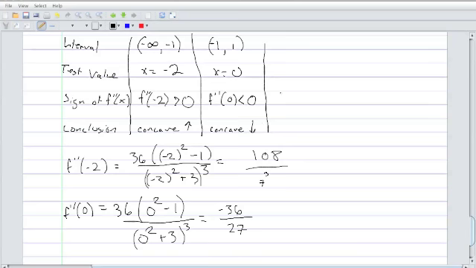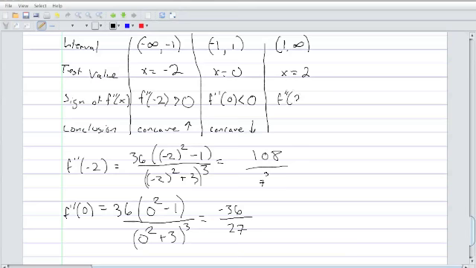Okay. So then if we test from 1 to infinity, we can test x equals 2.